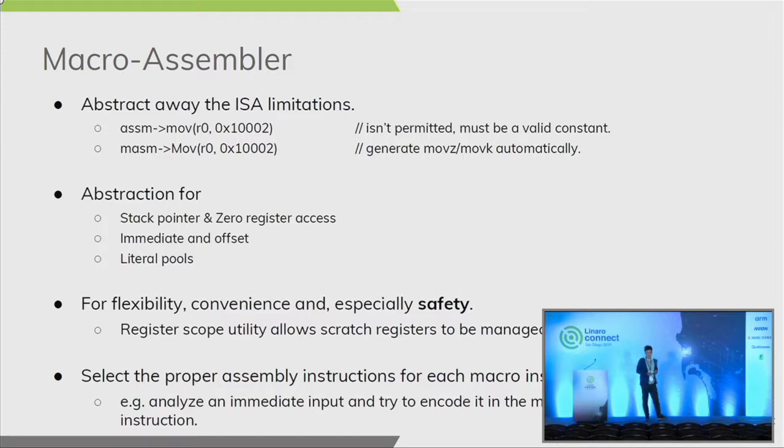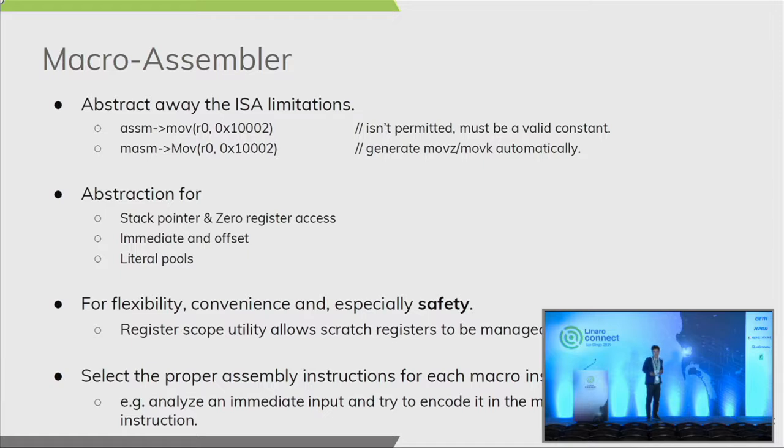Let's see an example. The assembler doesn't allow you to move a constant wider than 16 bits to a register with the move instruction, like that. Of course, you can do it by hand, splitting it into small pieces to fit in the encoding width.